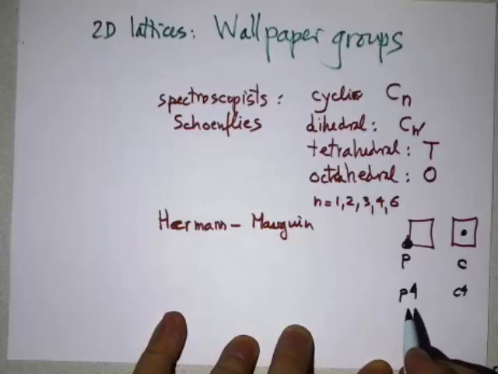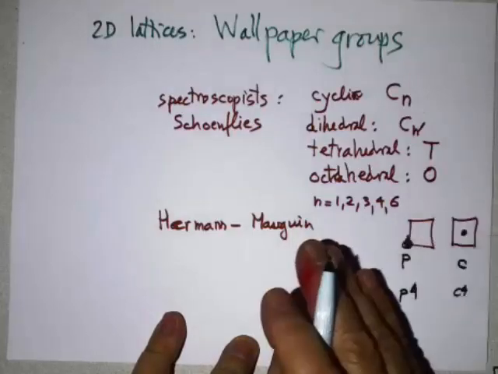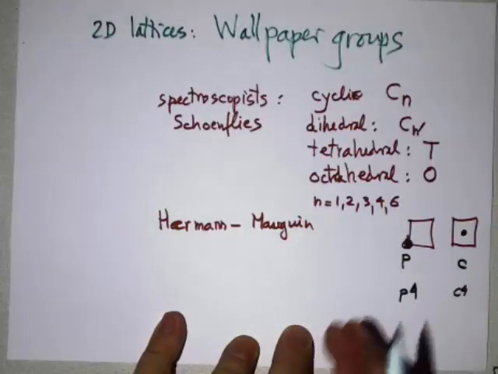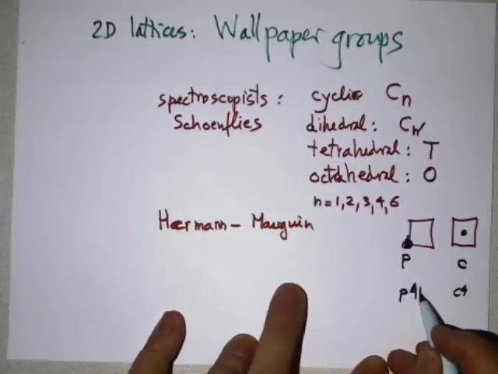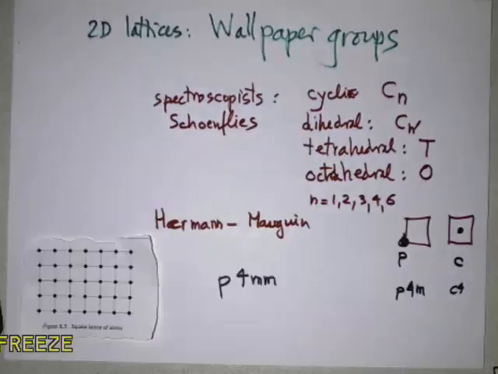Then it goes on, and it turns out our simplest lattice, the square lattice here, in Hermann-Mauguin notation, its symmetry is P4MM.